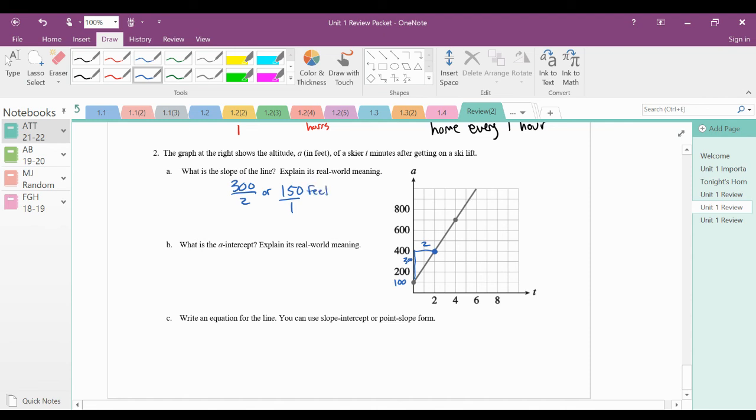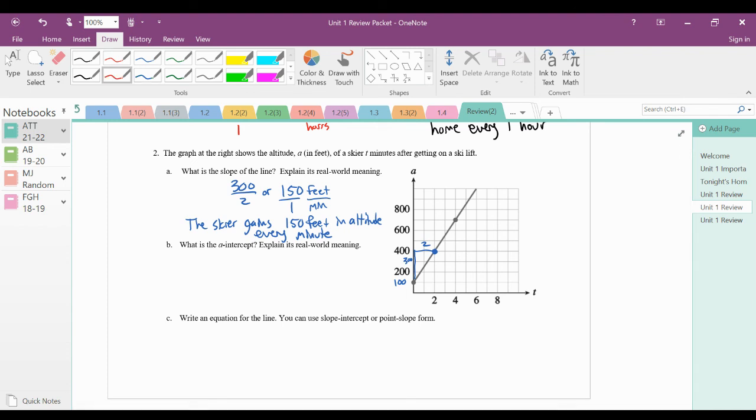That's feet in altitude, our a-axis, over minutes, our t-axis. So this would tell me that the skier gains 150 feet in altitude every 1 minute. It's always helpful to look at those units of the a-axis and t-axis there.